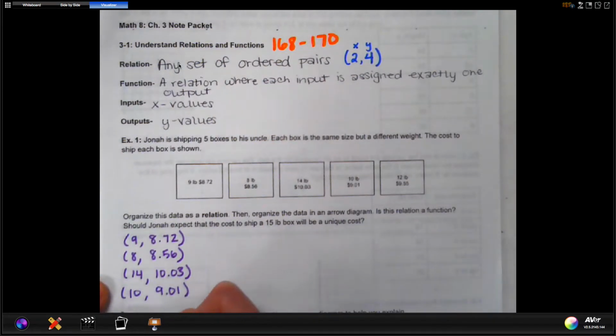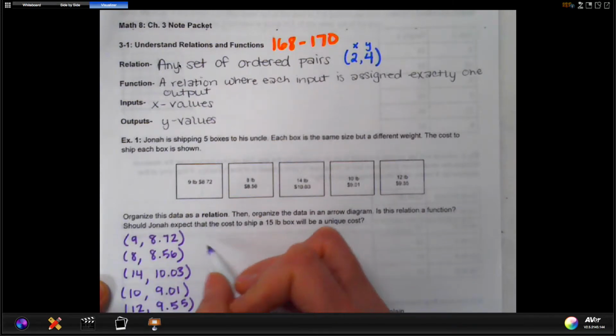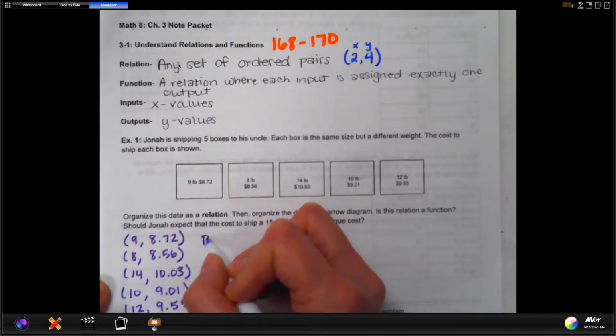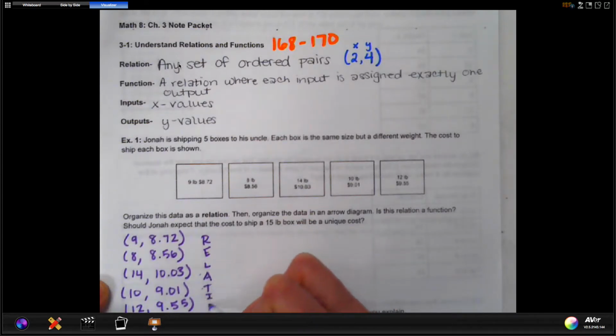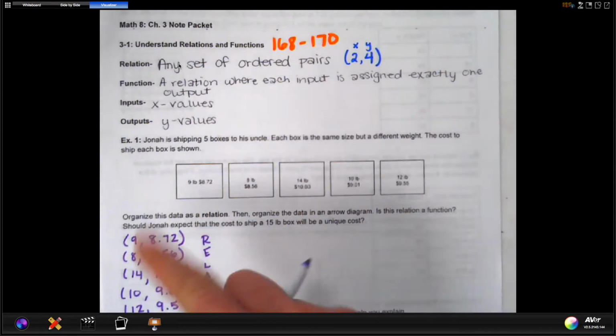And finally 12 comma 955. Okay, and so this right here is a relation. And so maybe we write this next to it. Okay, so this is your relation.